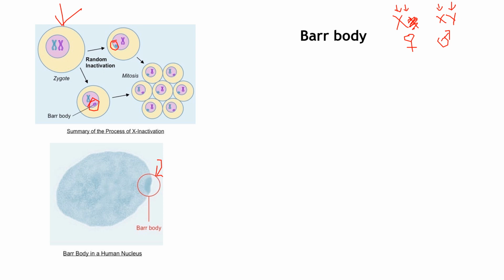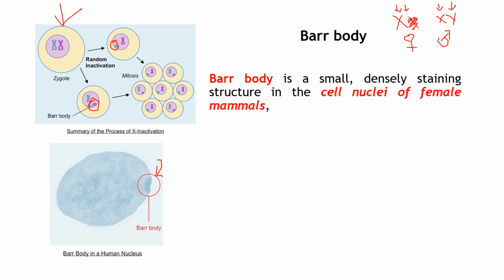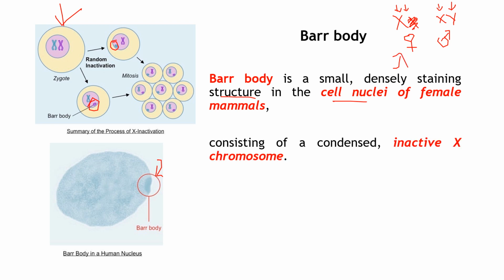I just wanted to remind you what a bar body is. Remember, it's a small, densely stained structure in the cell nuclei of female mammals. Why only females? Because they are the only ones that have two X chromosomes and contain an inactive X chromosome.